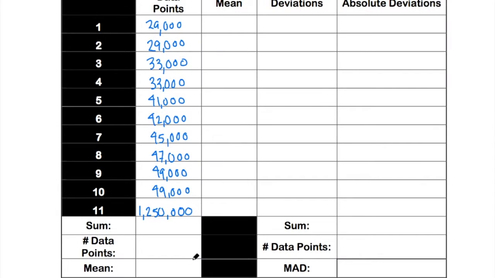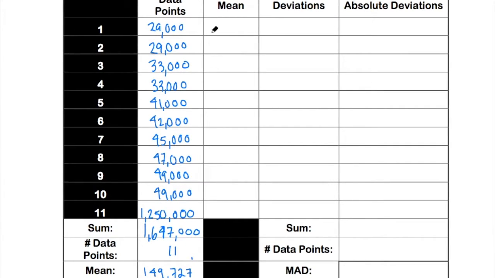We added those all up and we get 1,647,000. There are 11 numbers, so we divide and we get 149,727. That's to the nearest whole number for our mean. So let's go ahead and copy that down in our mean column.